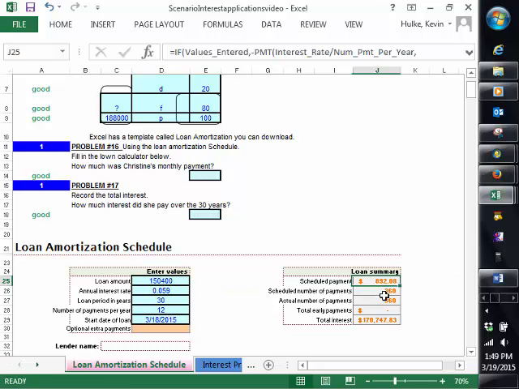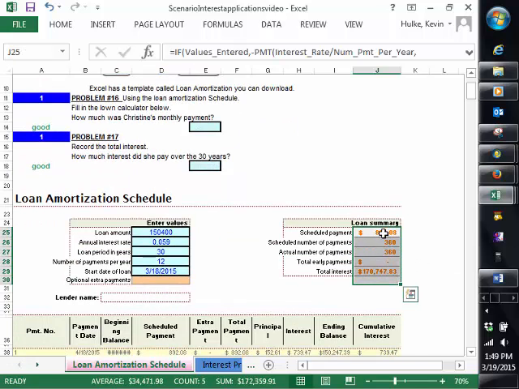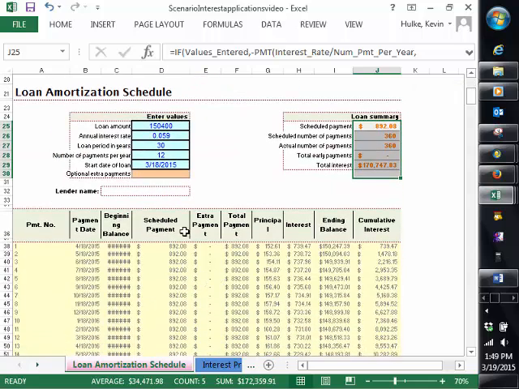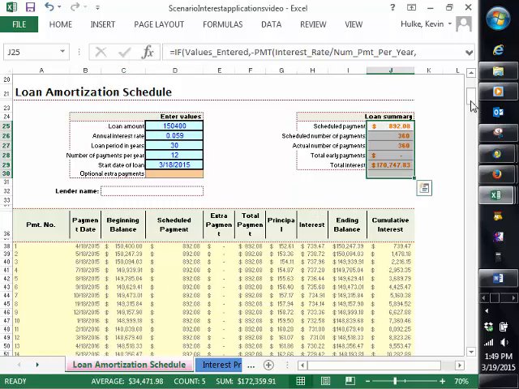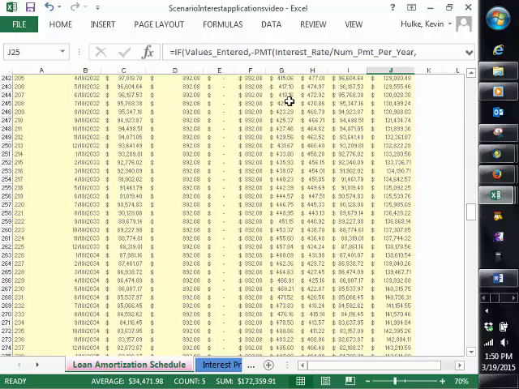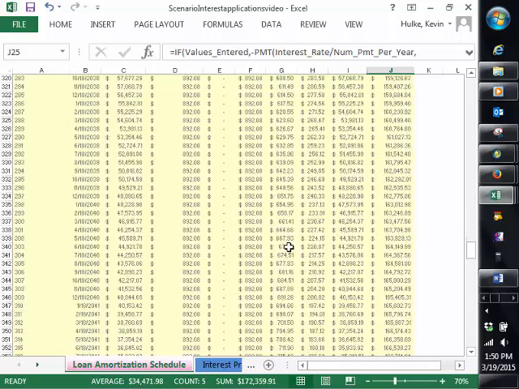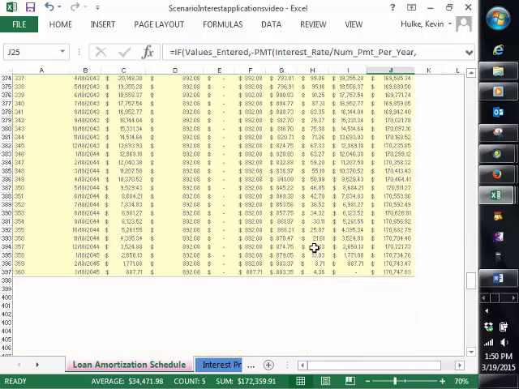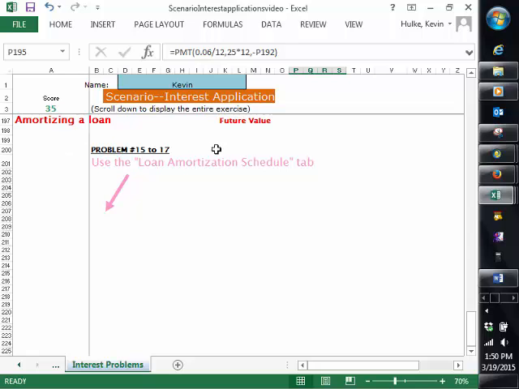And when we get done, it'll show you over here that you pay each month this amount, and in total you pay that total amount of interest, which is kind of surprising. It's like buying two houses but only getting one in the final analysis. And so you see that as you go along, your payments stay the exact same, but the amount of principal that you pay each month increases, while the amount of interest that you pay at this last month goes all the way down to $871. When you're done, you'll have 35 points on your scenario.